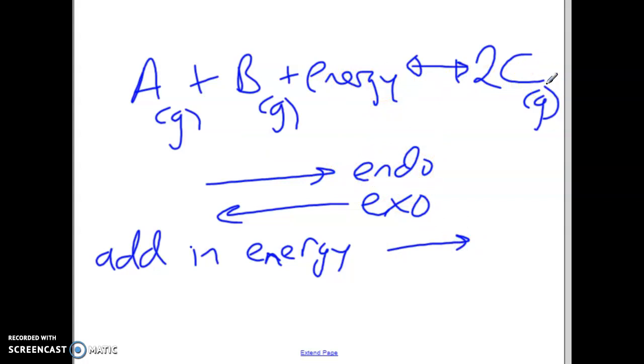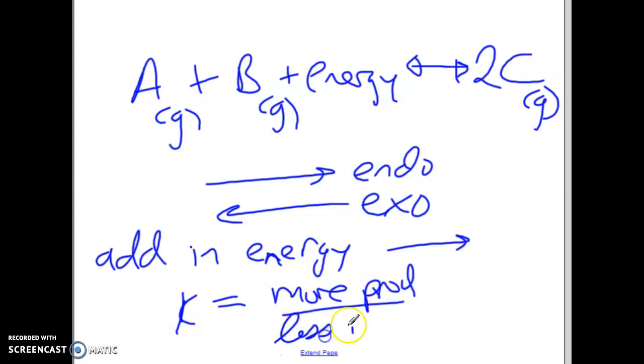There's more available energy for this system to absorb to continue producing C. So the forward reaction will increase in its rate and the reverse reaction will decrease. So my K value will all of a sudden have more product and less reactant. Therefore, the K value is going to go up. We're going to have a larger numerator in comparison to the denominator. So if you change the temperature, you're going to change your K value because you're going to have a naturally different concentration than you would have had before.